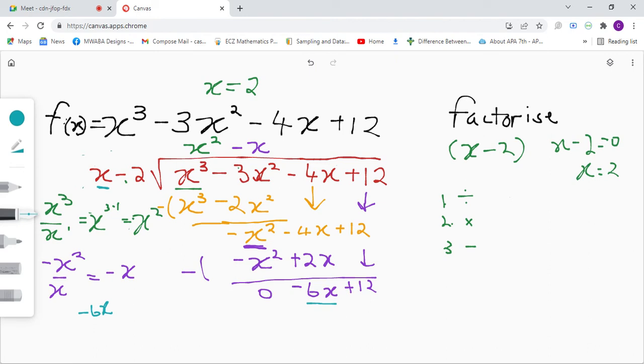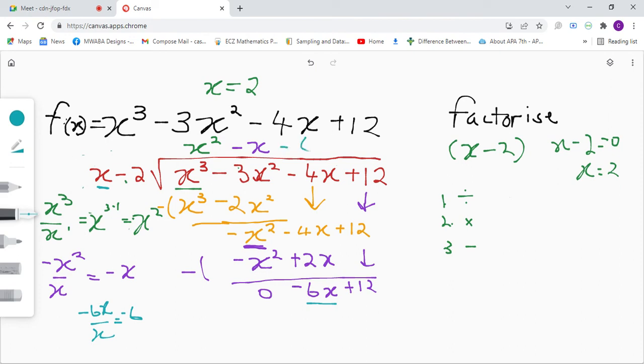We divided x cubed by x, then the first term was negative x squared, and we divided it by x. So now our first term is negative 6x, so we divide it by x, and that will give us negative 6.